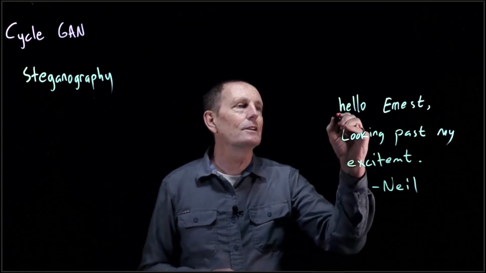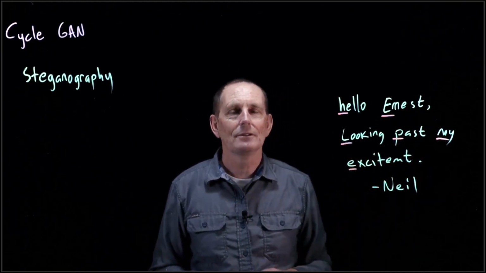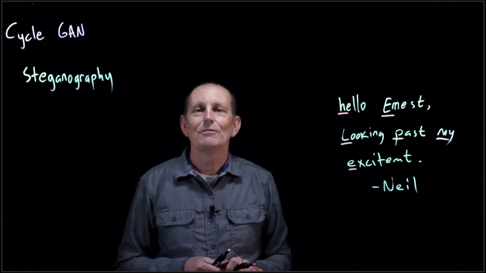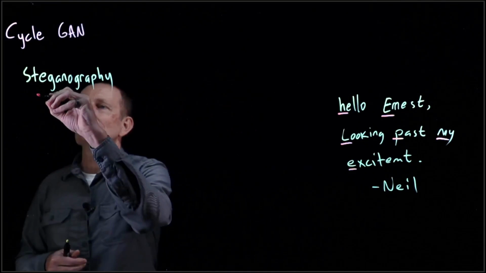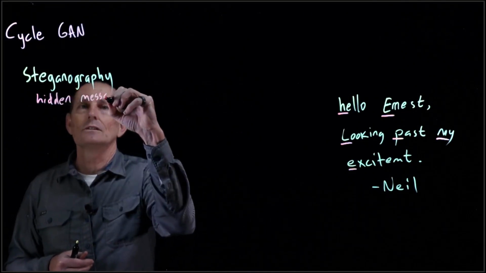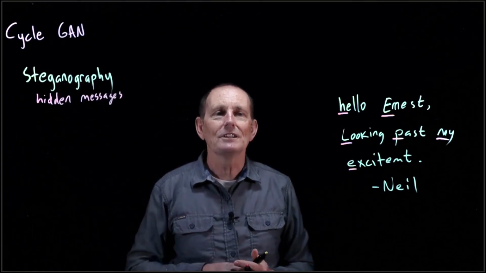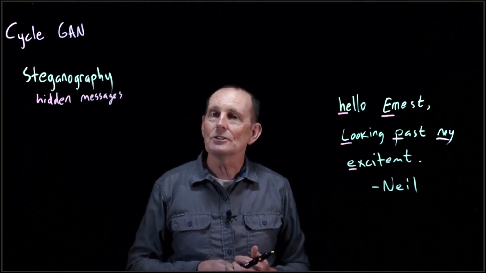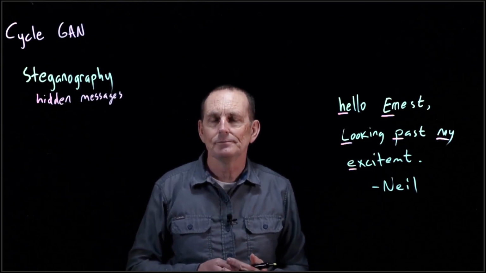Well, I have hidden in here a message, "help me." Okay, so I sent this to someone and they can now find in there some hidden message. So steganography is hidden messages. Right, the etymology, again, graphy is writing, so often this was in terms of hidden messages inside writing, but you can also hide messages inside images.